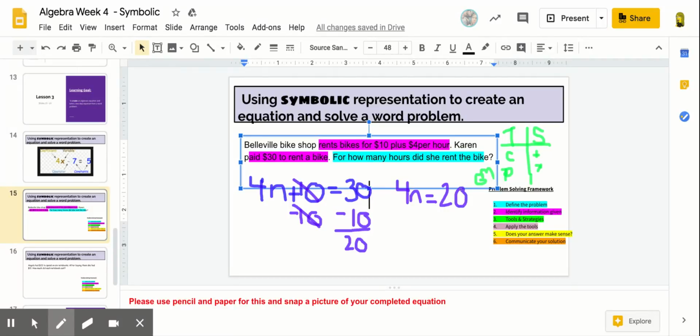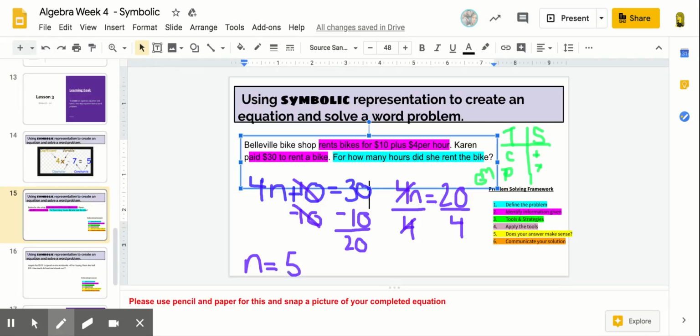My next step is the multiplication. What's the opposite of multiplication? It's division. If I divide by 4 there, that crosses those out, and now I divide 20 by 4. So n equals 20 divided by 4, which is 5.